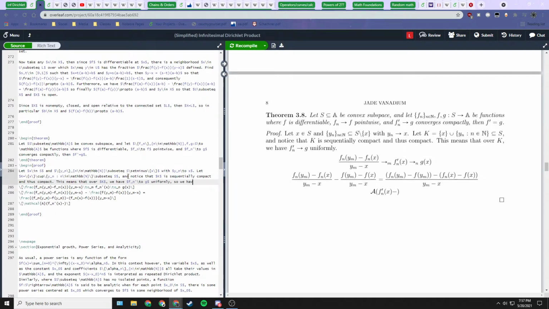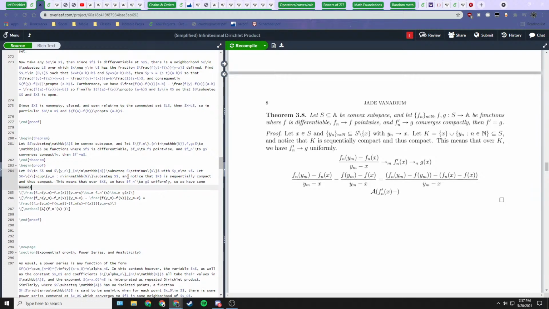So we have some bounds b sub n for which the supremum of the differences f sub n prime of x minus g of x, such that x is in K. Actually, we can do y instead of x, because that makes more sense.